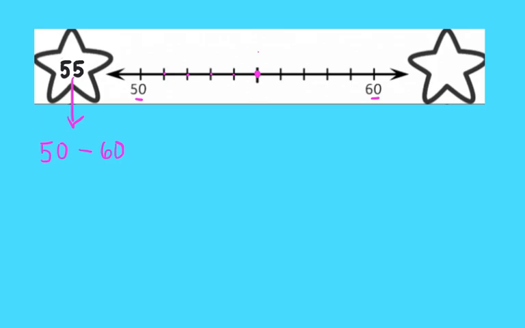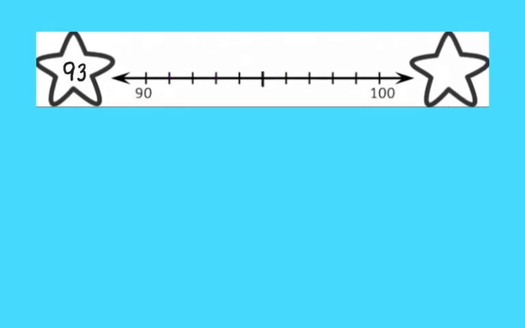So it is right directly in the middle. But we learned a rule. When we're rounding any number that has a 5 in the ones place to the nearest 10, we're going to round up. 5 through 9 moves up the line. So 55 rounds to 60.